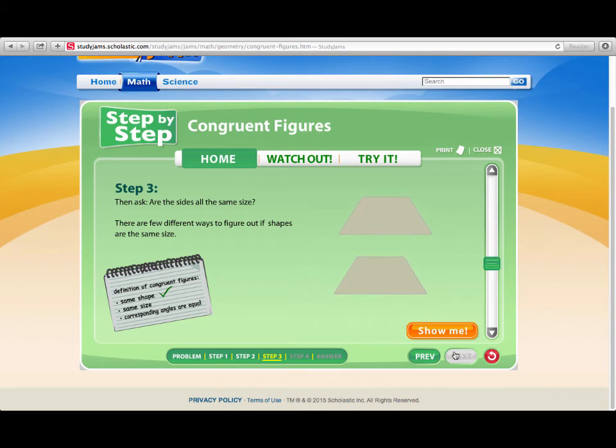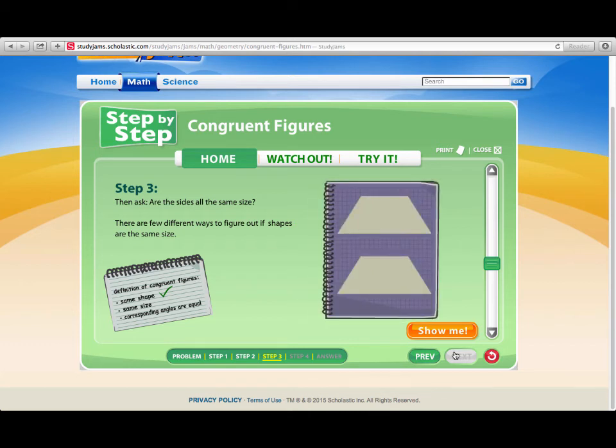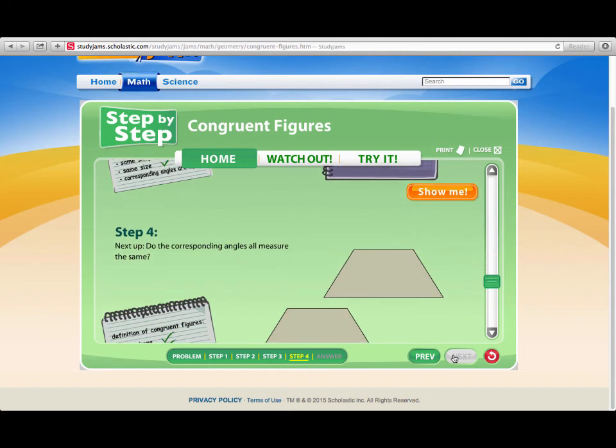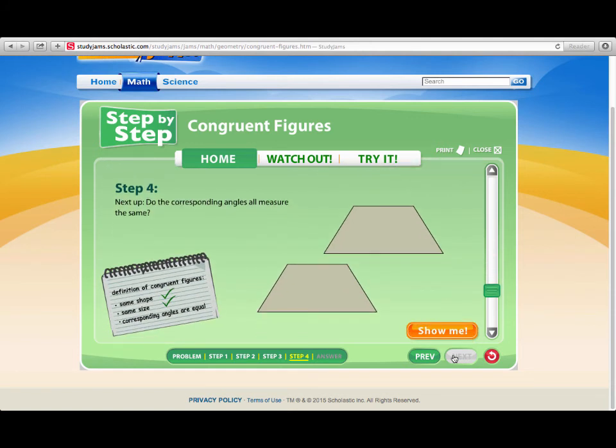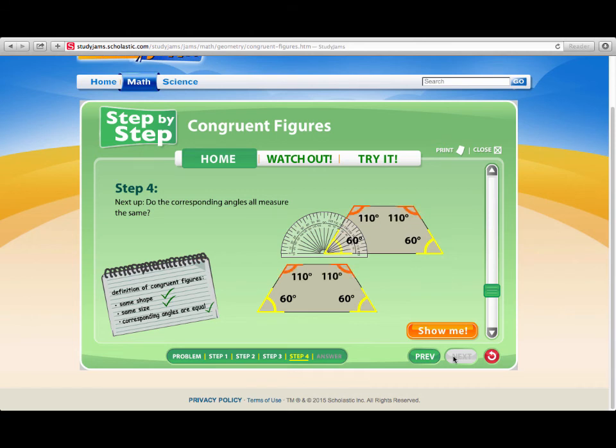There are a few different ways Sam can figure out if these shapes are the same size. One way would be to use a ruler to measure each of the sides. The other way would be to trace one of the shapes, measures the same as the other angles.